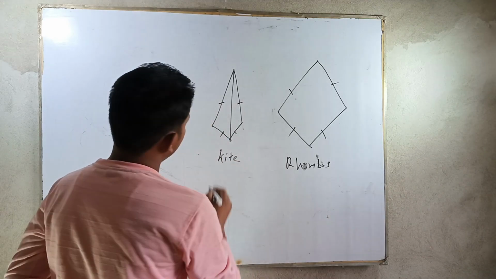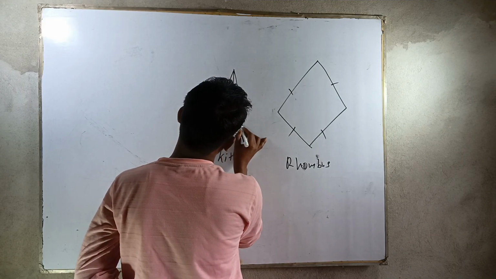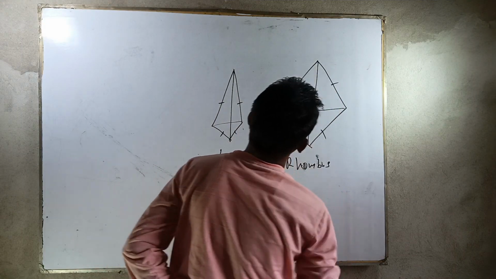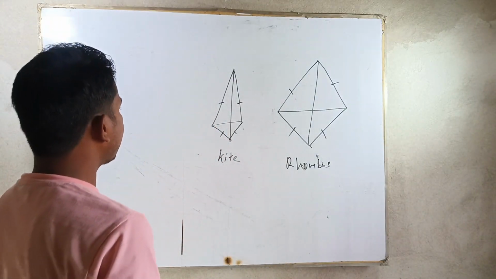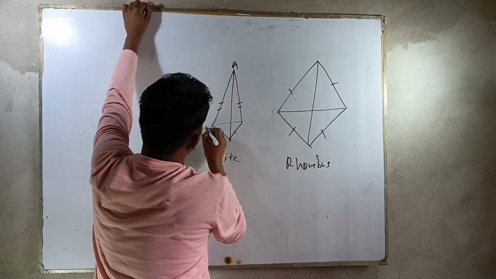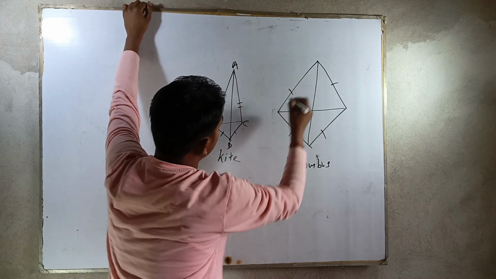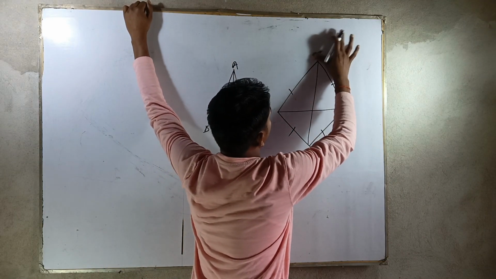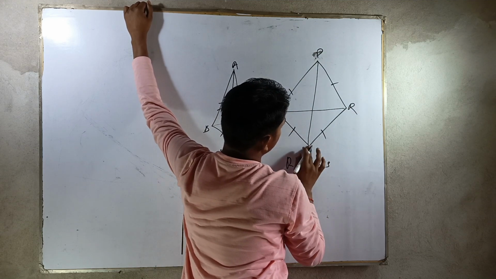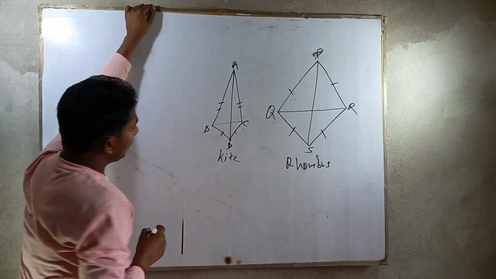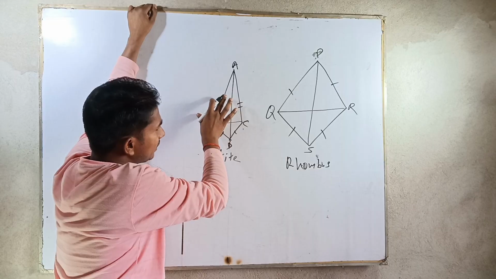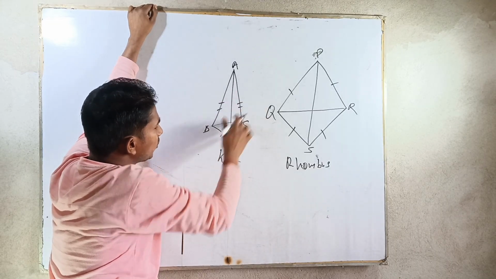What is the difference between both of them? Take A, B, C and D, and this one is P, Q, R and S. If I talk about the kite, its adjacent sides are equal.